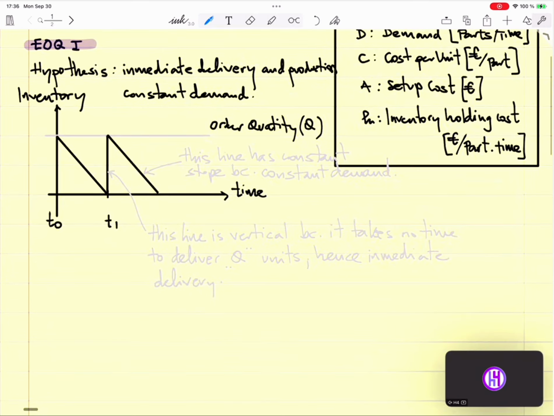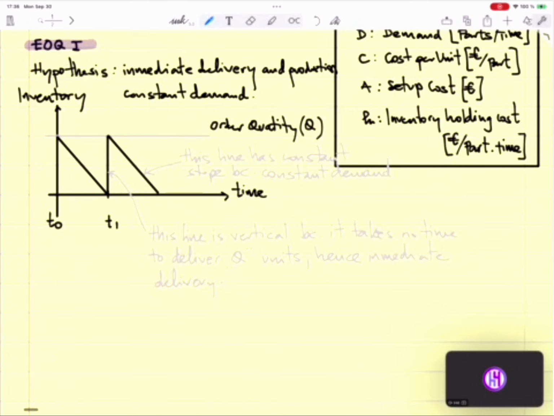So we are looking for the best economic order quantity, and so we can say that the time between T0 and T1 is Q divided by the demand, which we can call the frequency of delivery.